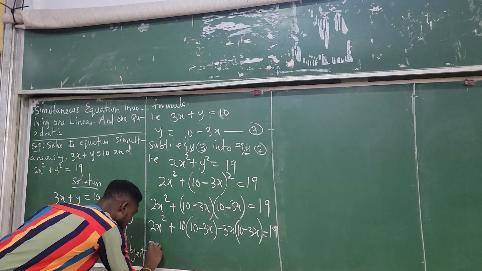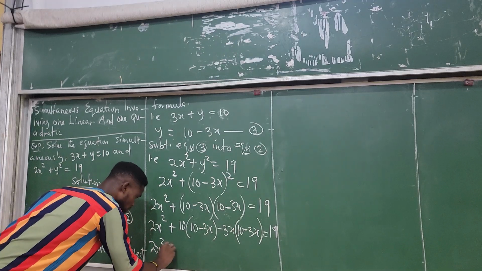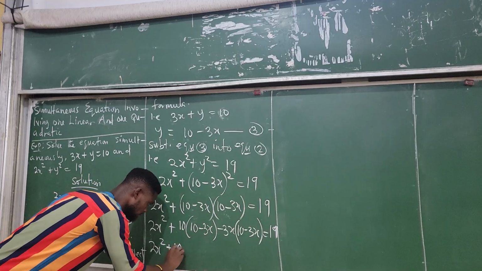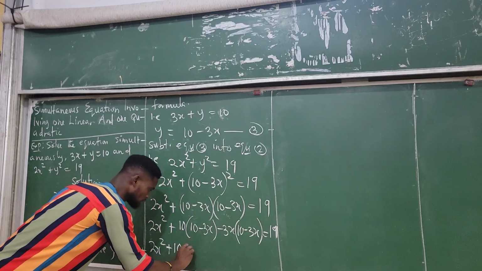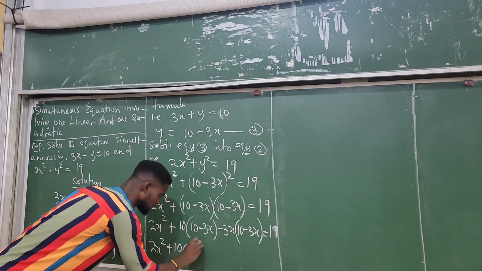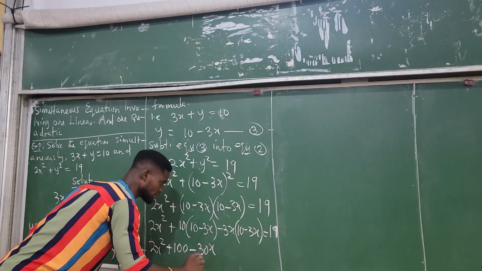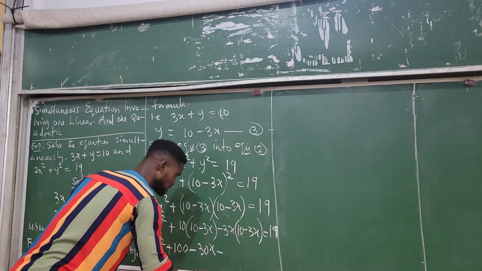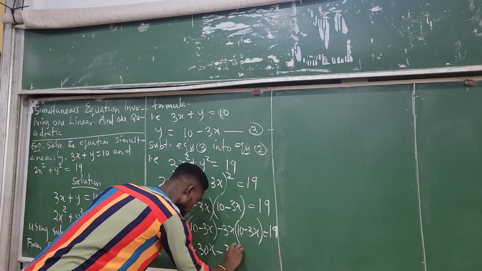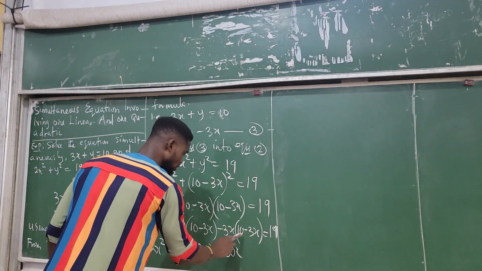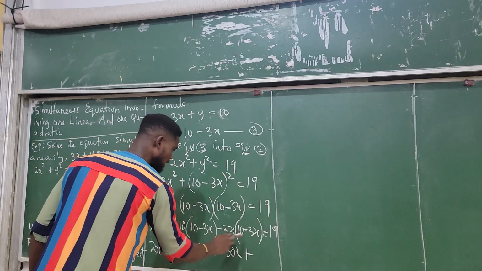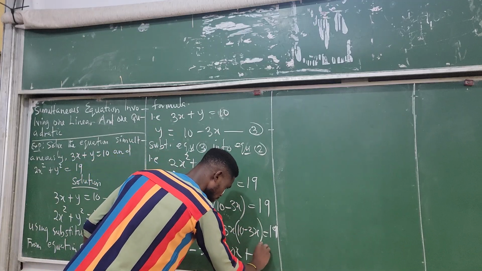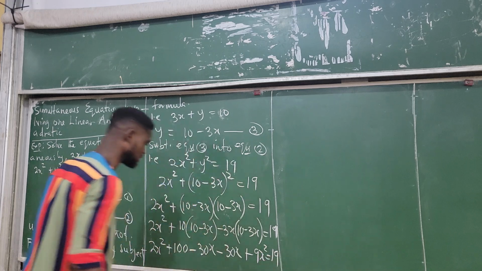So we have 2x squared plus 10 times 10 is 100. Plus times minus is minus, 10 times 3 is 30x. Minus times plus is minus, 3x times 10 gives you 30x. Minus times minus is plus, 3 times 3 is 9, x times x is x squared, is equal to 19.